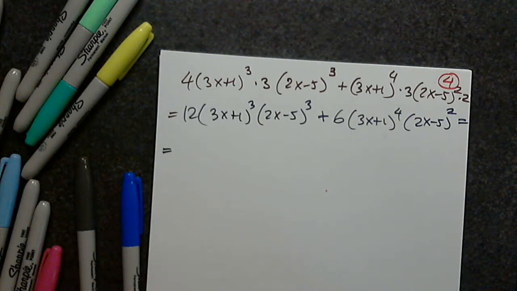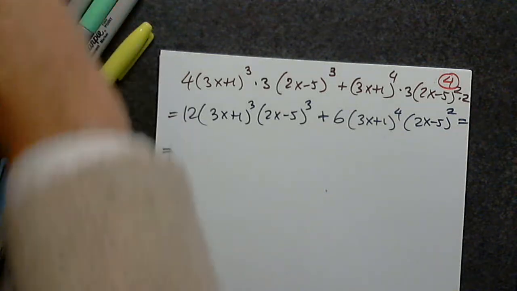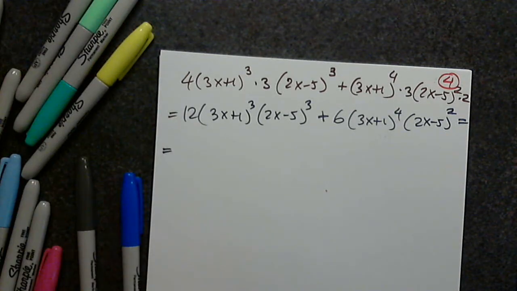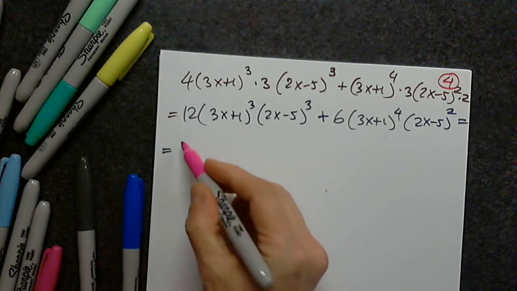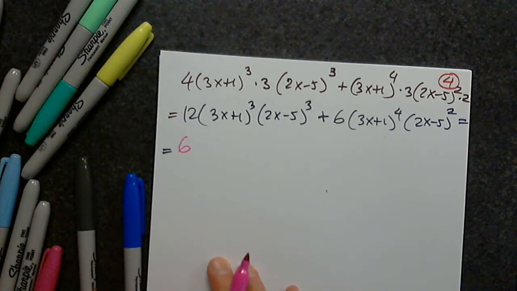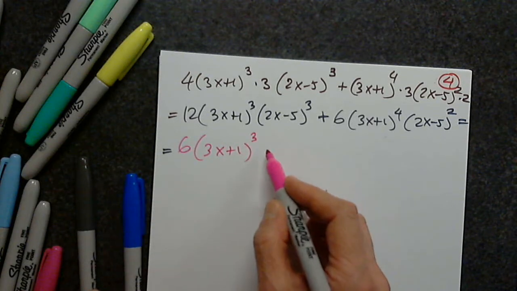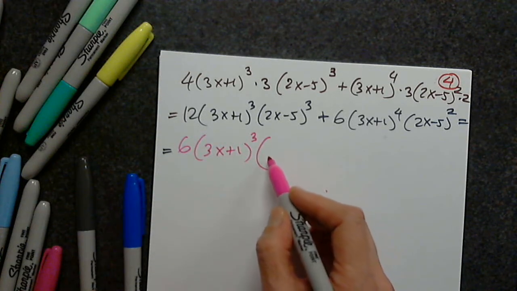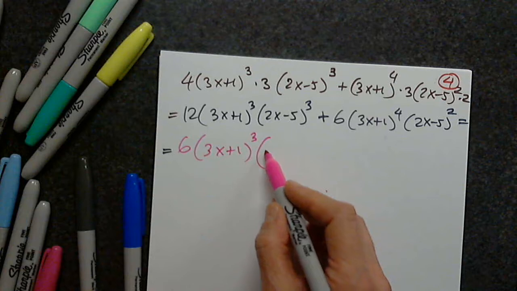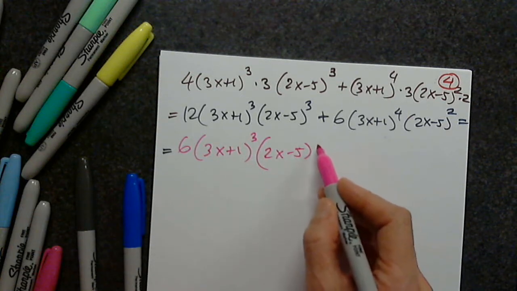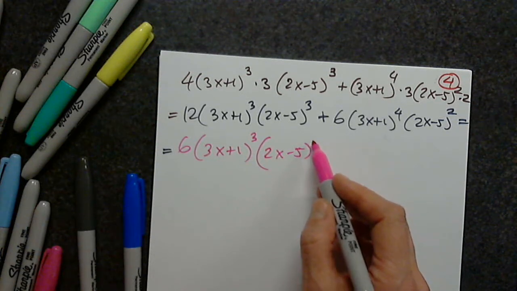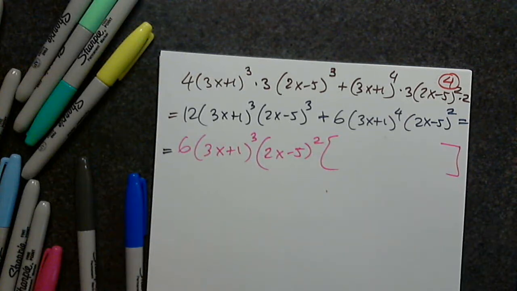So now, common factors, please. 3x plus 1. Careful. 6. And then 3x plus 1 to the third. Good. 2x minus 5 to the 2. Awesome. Thank you, Lonnie.